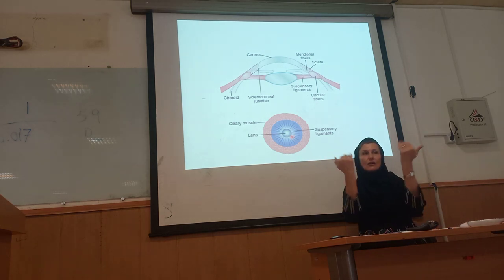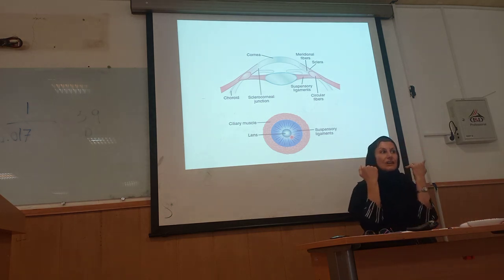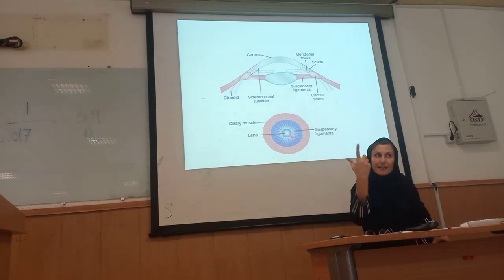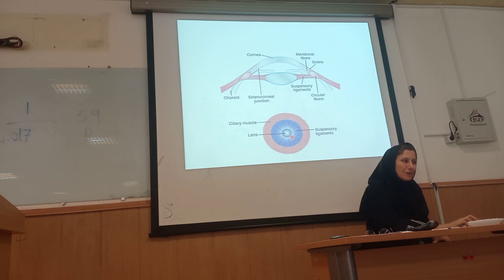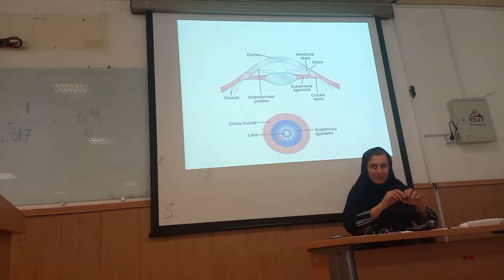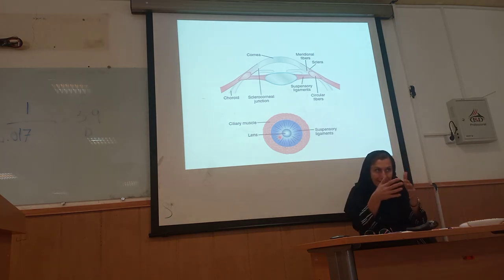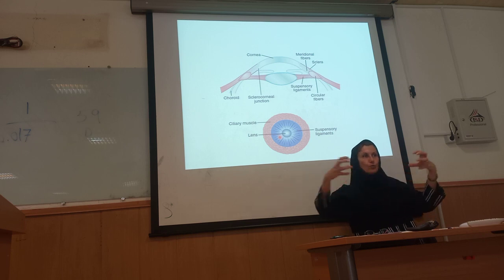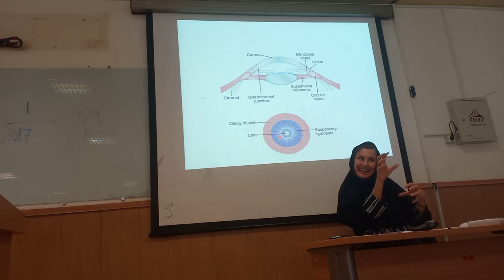When something starts to come near us, the lens can increase its curvature. How? By ciliary muscle contraction. When the ciliary muscle contracts, what happens to this ligament? The ligament moves into the middle part, whereas before that it pulled the lens.